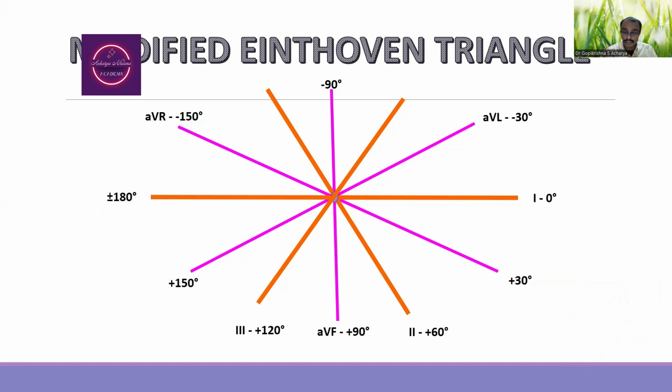These are the different values: lead 1 is at 0 degrees, lead 2 is at plus 60 degrees, lead 3 is at plus 120 degrees, lead AVR is at minus 150 degrees, lead AVL is at minus 30 degrees, and lead AVF is at plus 90 degrees. In the picture, the upper semicircle has the negative values, whereas the downward semicircle has the positive values.